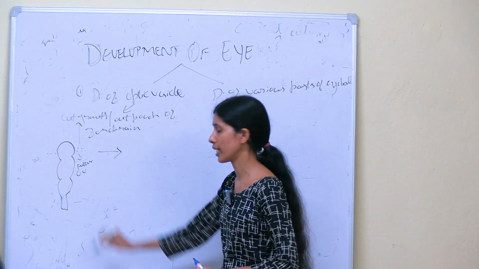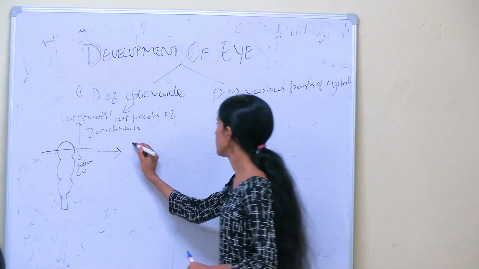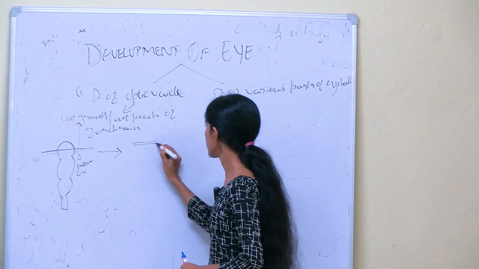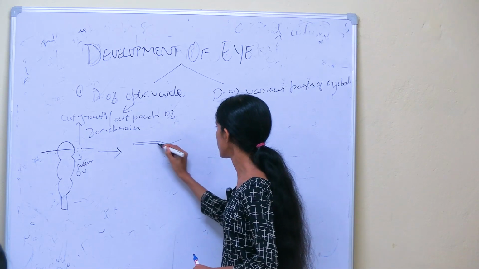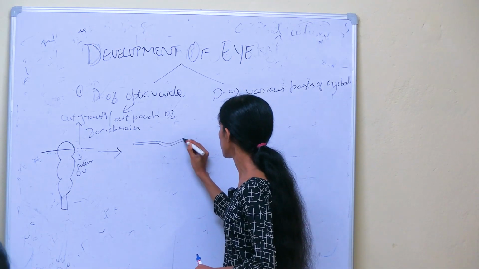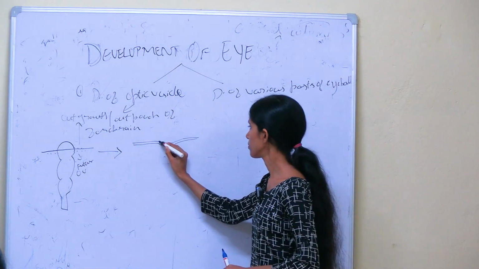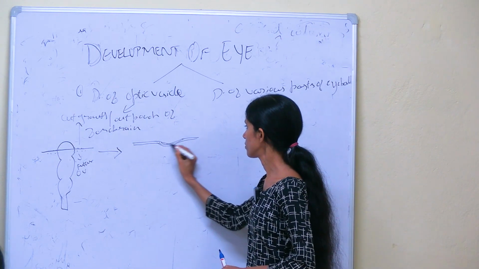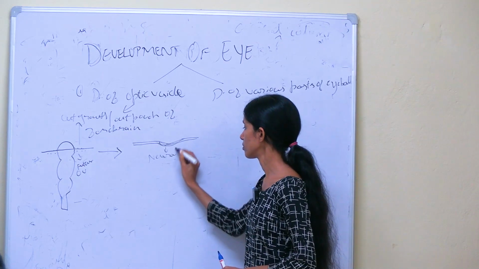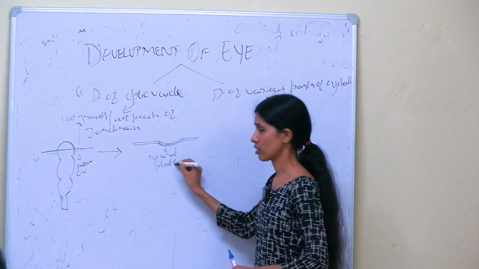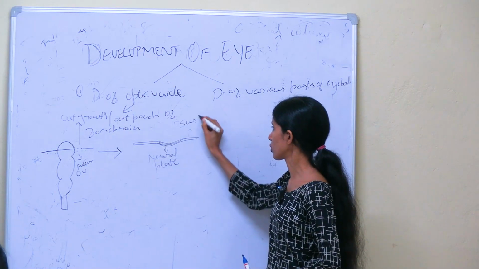Now if I take a cross section of this area, I can see this is your neural plate, and this is your surface ectoderm.